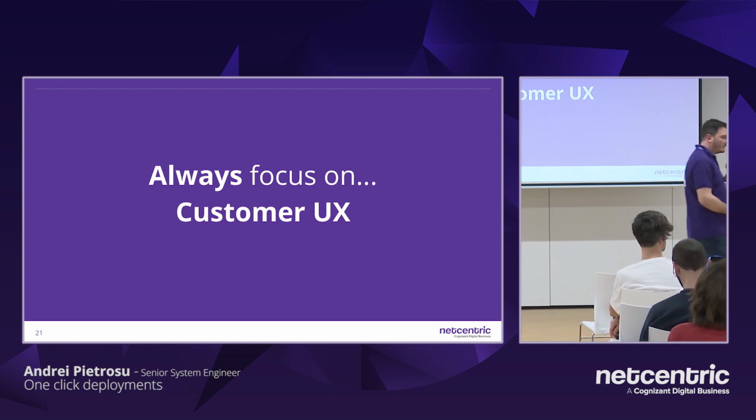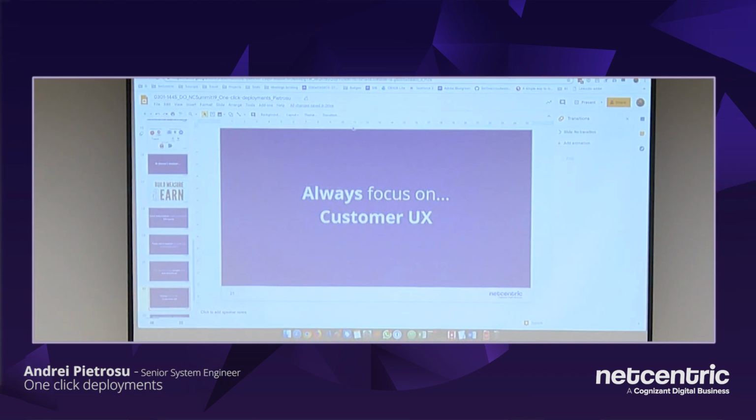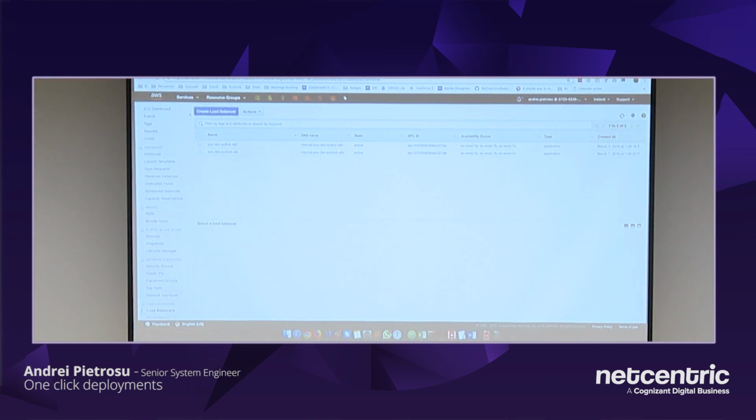So, also, let's see how our little experiment is going. We had an empty solution. Now we have 3 machines provisioned at 236. Okay. And we have a load balancer.